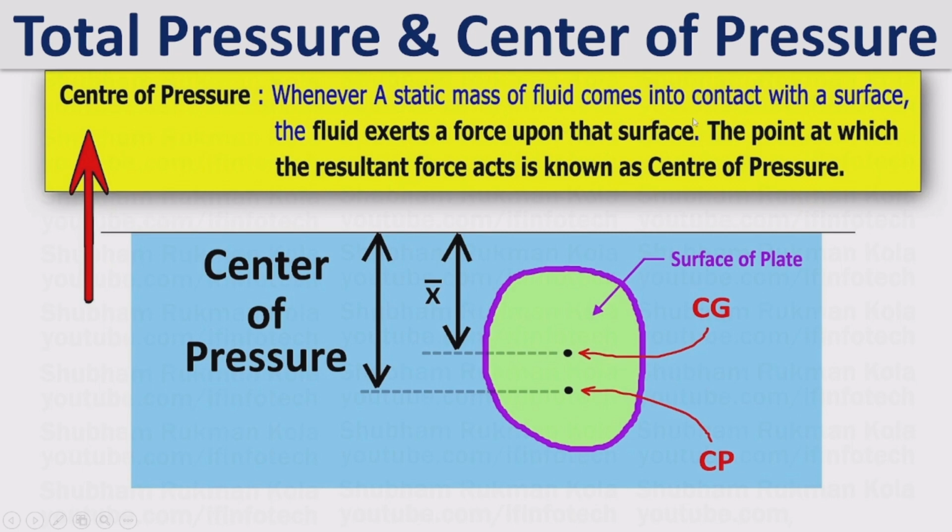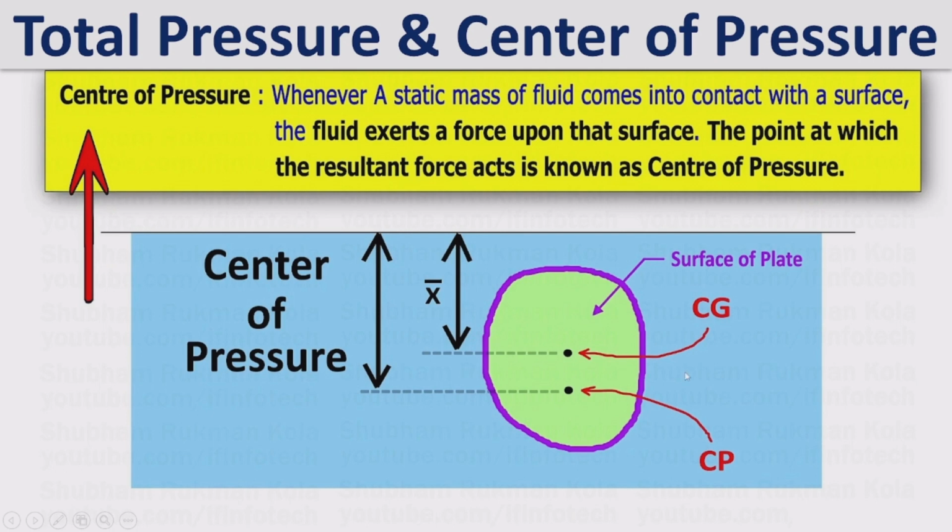Whenever a static mass of fluid comes in contact with a surface, the fluid exerts a force upon the surface. Even though it is not moving, it is stationary, and if it comes in contact with the submerged surface, it will exert a force upon that surface. The point at which the resultant force acts is known as the center of pressure. The resultant of the force for the whole surface acts at that particular point, and we call that point the center of pressure.